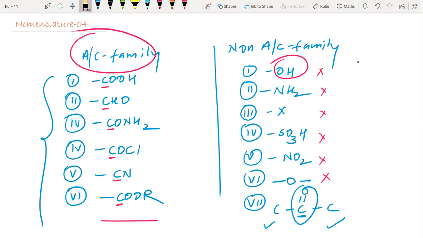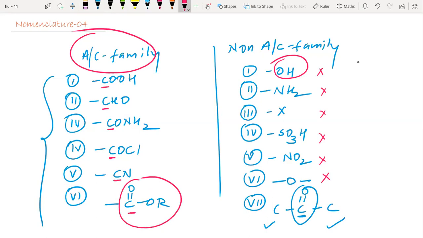Even if you check ester, we have C double bond OOR, and the functional group is this, but the carbon here is bonded to only 1 carbon, not more than 1. These functional groups are bonded to either hydrogen or only 1 carbon.